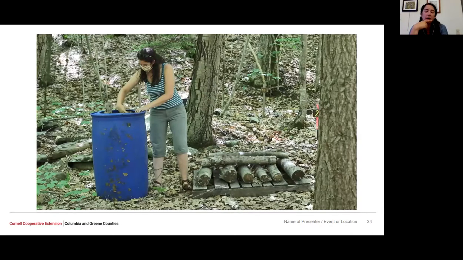So one is less labor, but you can find pros and cons to everything. With this method, with the barrel or a soaking container, you are restricted to the amount of logs that can be soaked at one time.